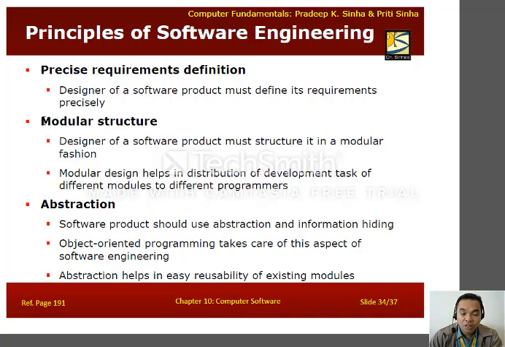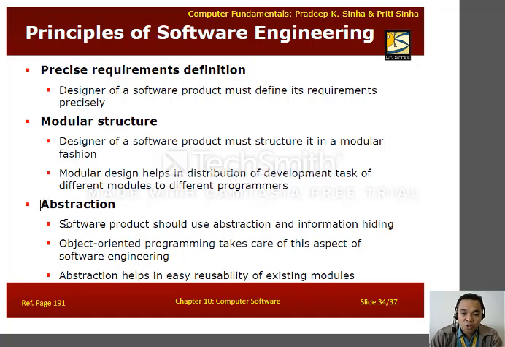And we also have these objectives or principles of SE. We have modular structure. The designer of the software product must structure it in a modular fashion. Modular design helps in distributing development tasks of different modules to different programmers. The next principle is abstraction.